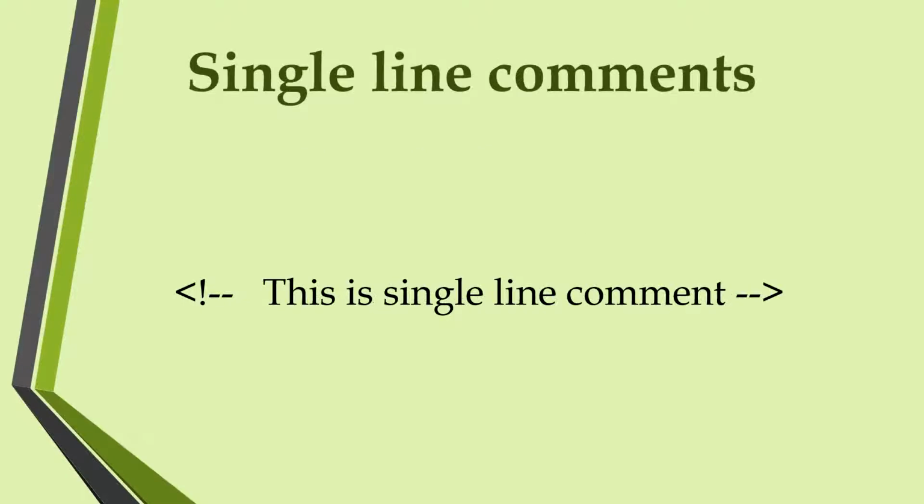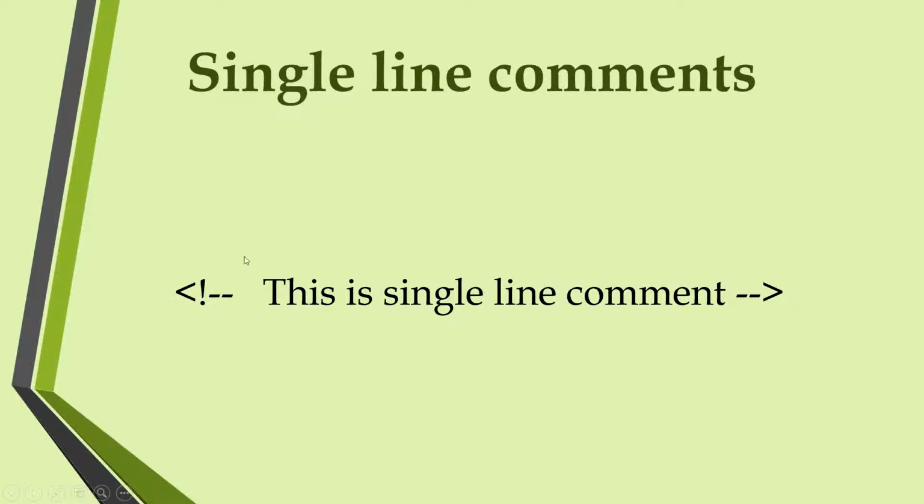We have many types of comments: single line comments, multi-line comments and conditional comments. So let's see them one by one. This is the single line comment. Here, as you see, this is the start tag and this is the end tag. Inside this tag we give the actual sentence.